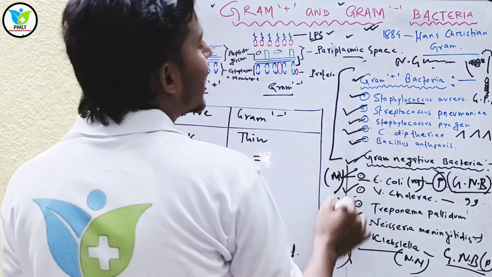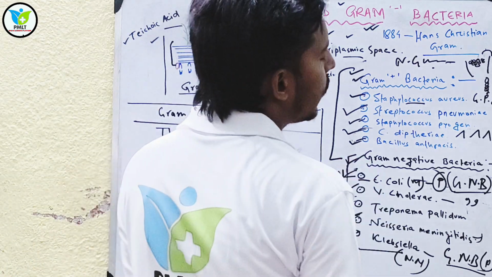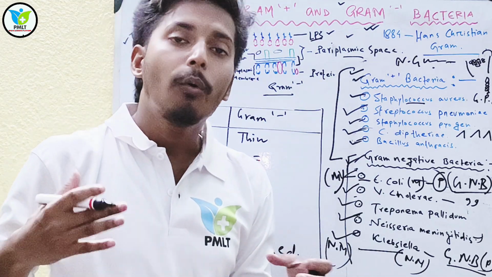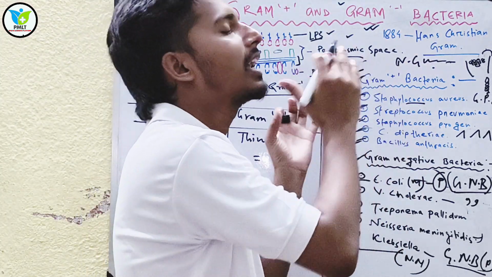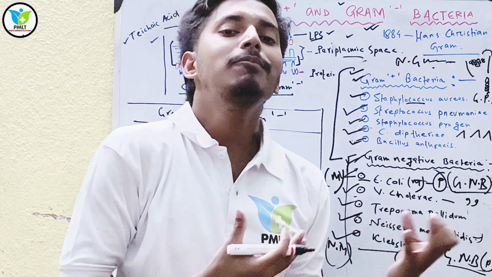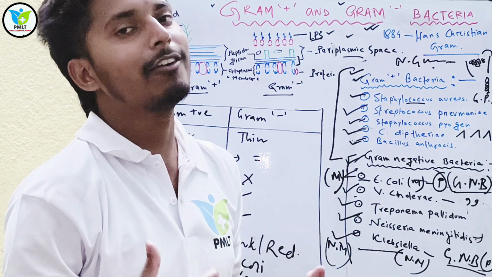If you are noticing here, here are all the gram positive bacteria and here are all the gram negative bacteria. There are also lots of other gram positive and gram negative bacteria, but I am giving you five examples. If you remember the five examples, that is enough for you all.